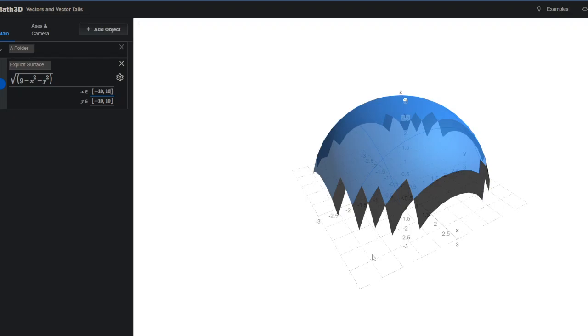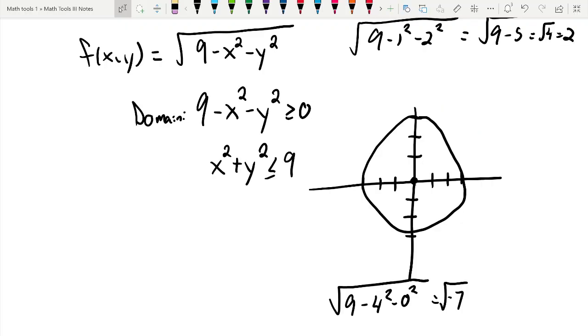So, now that our domain is 2-dimensional instead of 1-dimensional, like normally it would be an interval when we were looking at 1 dimension, right? We'd consider the endpoints of that interval. And like when we were doing optimization, for example, with single variable functions, we'd have to consider the endpoints of the interval.